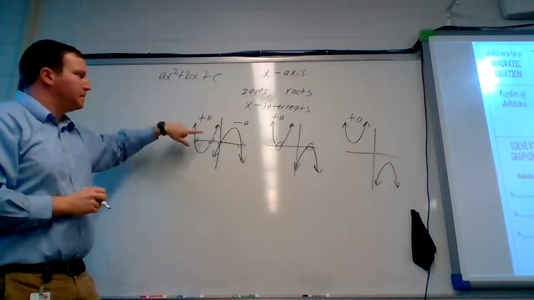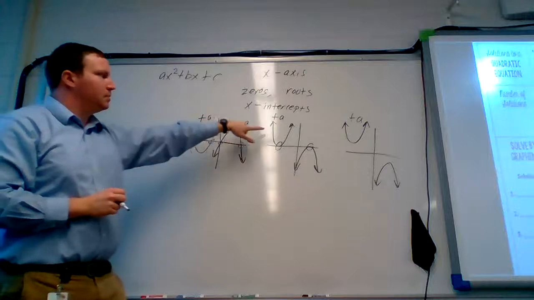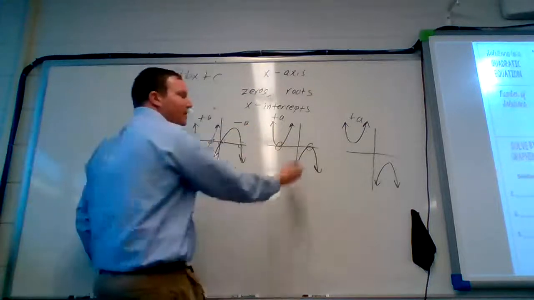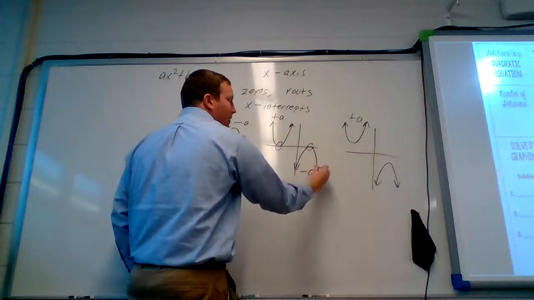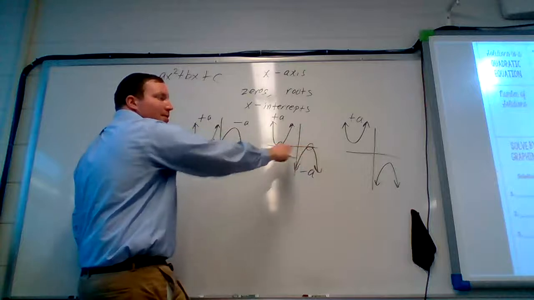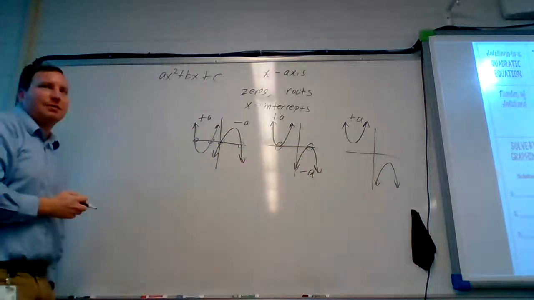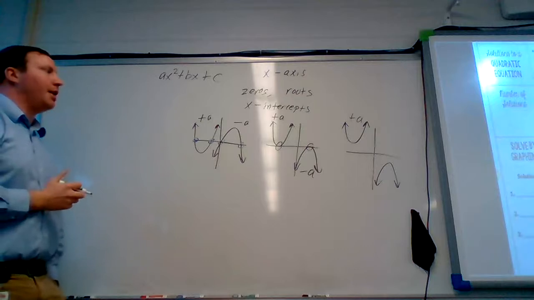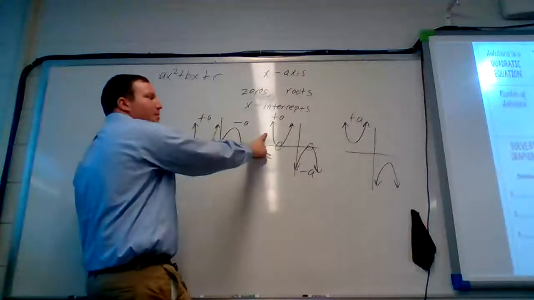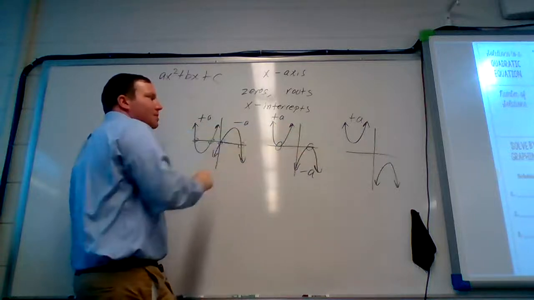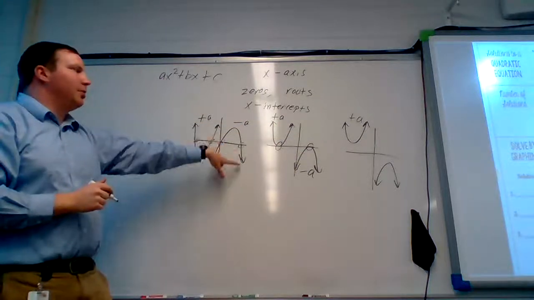For the one solution, again, we can have a positive a value or a negative a value where the vertex lands on the x-axis. The positive and the negative just tells you which direction the quadratic opens, whether it opens up or opens down.